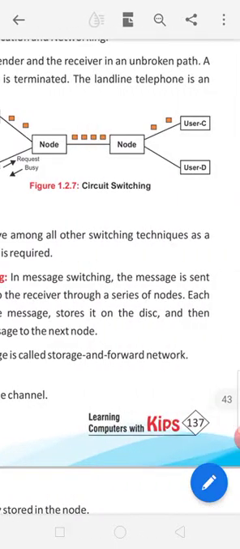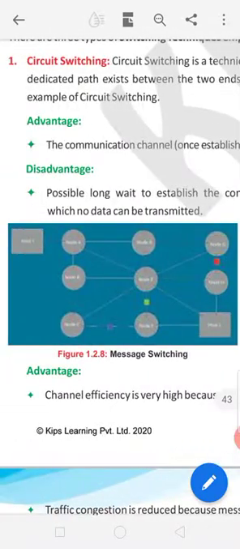The landline telephone is an example of circuit switching. In circuit switching, we make an unbroken path. For example, it is wired. Whenever we connect two wires, this is known as a circuit, and it is dedicated to the destination.